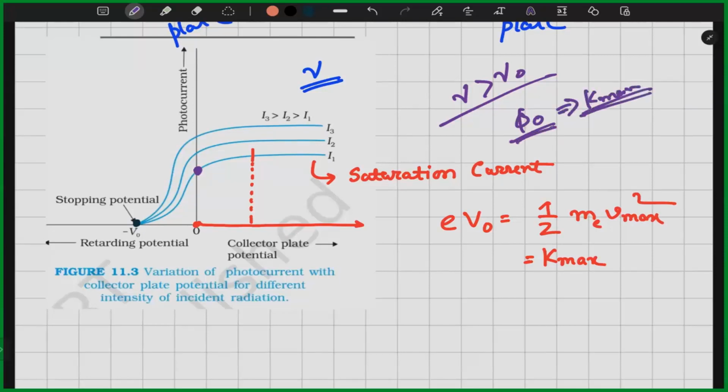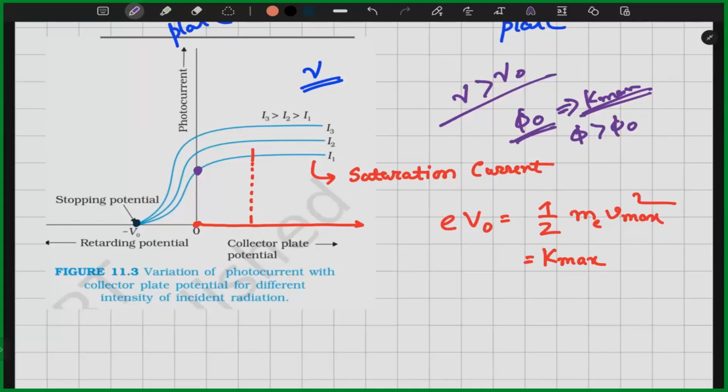Let's say this kind of electron can reach. But there are some other electrons which have a work function greater than phi 0. Those have a smaller amount of kinetic energy, which may not be sufficient to reach plate A. So those electrons can't contribute to the photoelectric current.